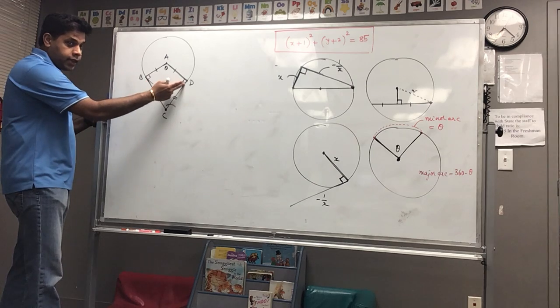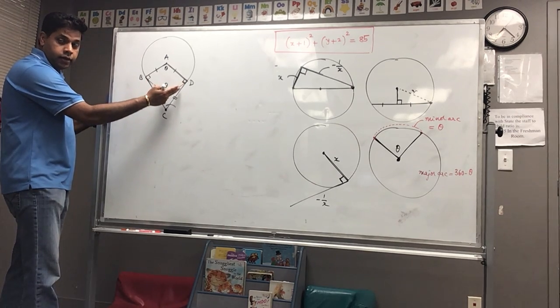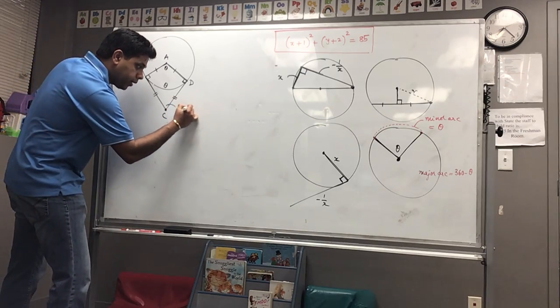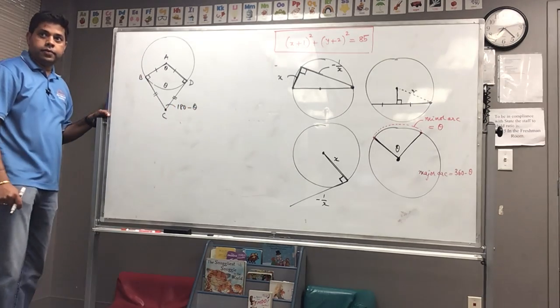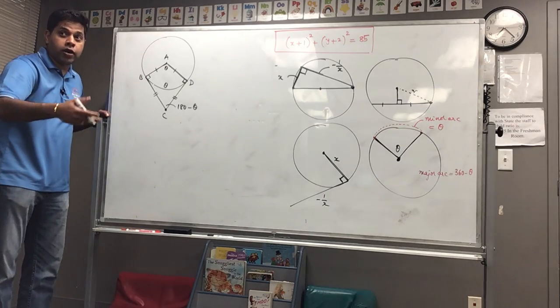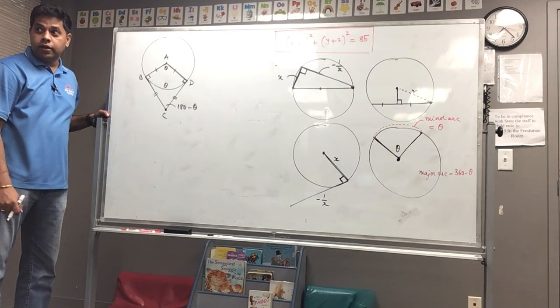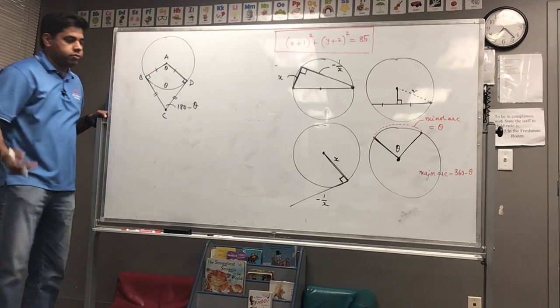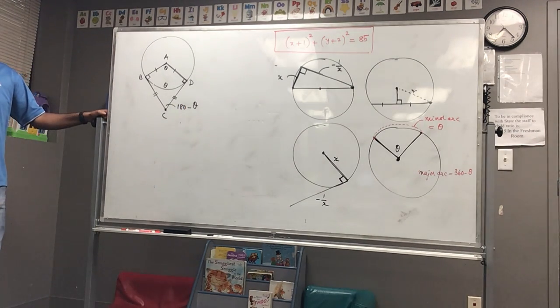This is 90, this is 90, 180. So these have to add up to 180 as well. So this should be 180 minus theta. Sounds good? Yes or no? Yes.